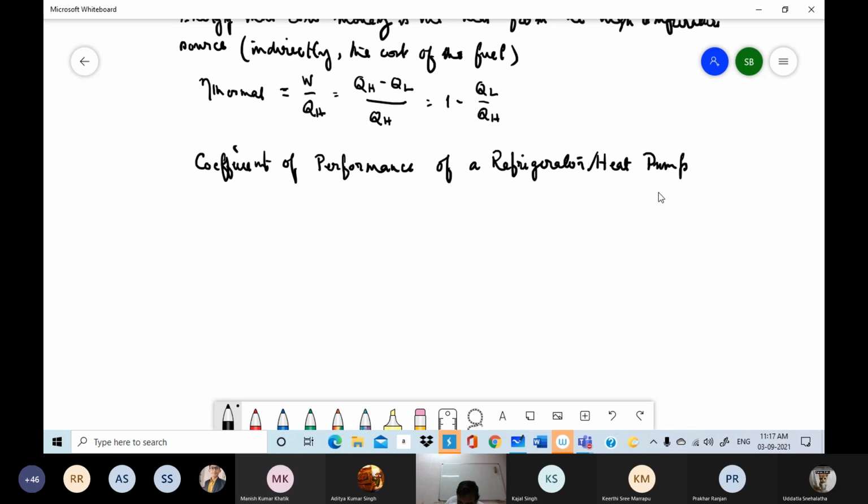So then, if you use the idea of a heat pump, what is sought is not QL, but adding QH to the space which you want to heat. So depending on whether it's a refrigerator or a heat pump, your useful output could be either QL if it's a refrigerator or QH if it's a heat pump. And what you have to put in, that is the work.